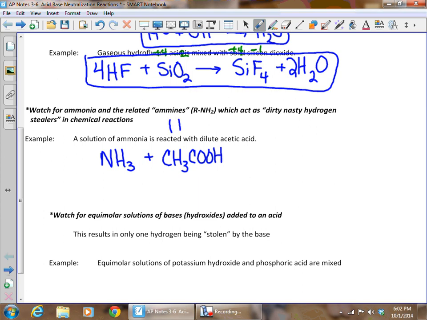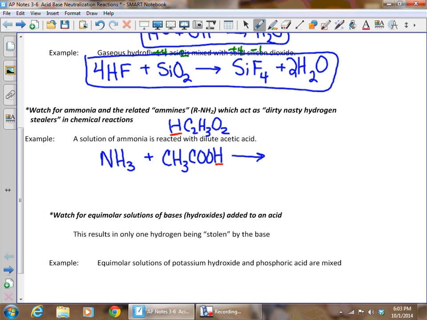It's also often written as HC2H3O2, but I really prefer it in the CH3COOH form. Keep in mind that the hydrogen here is the same as the hydrogen here. So that's the acidic hydrogen, the one that's going to get moved around or stripped off when this reacts.